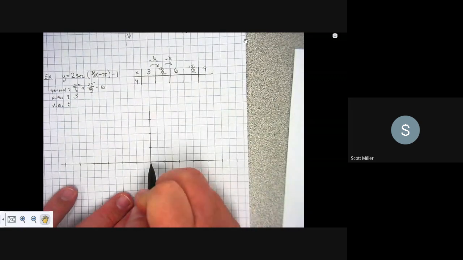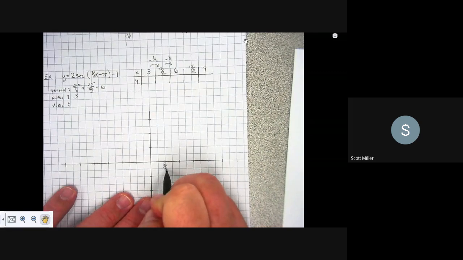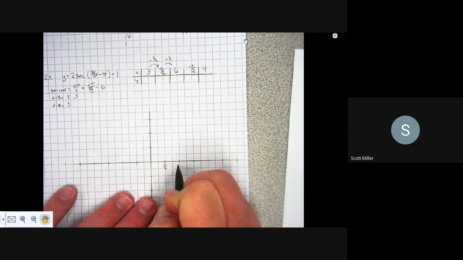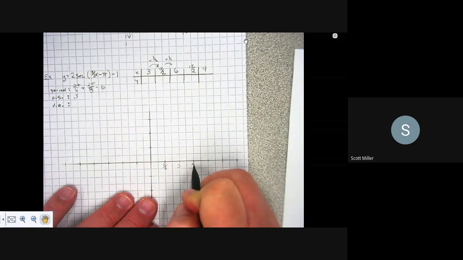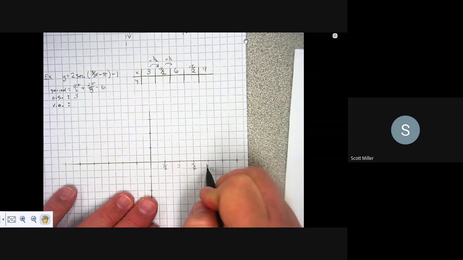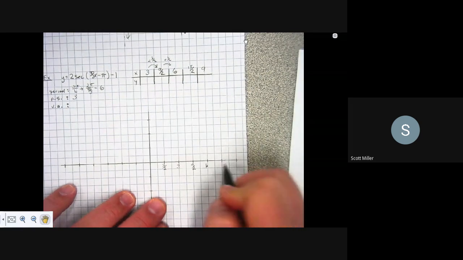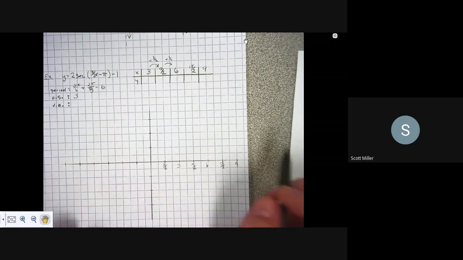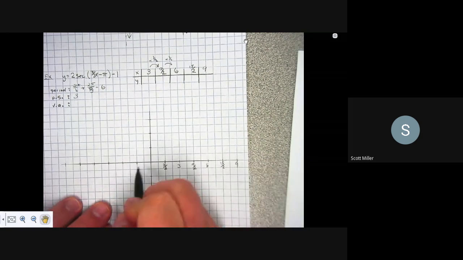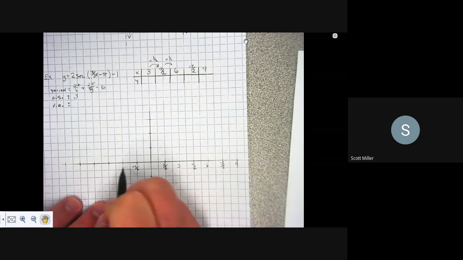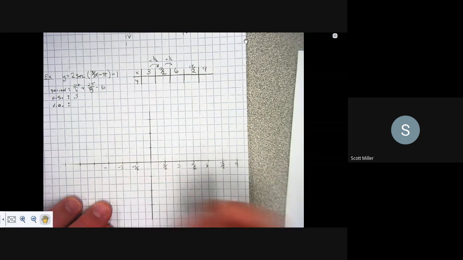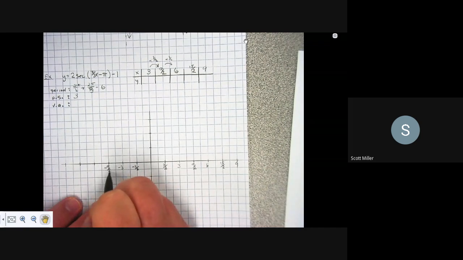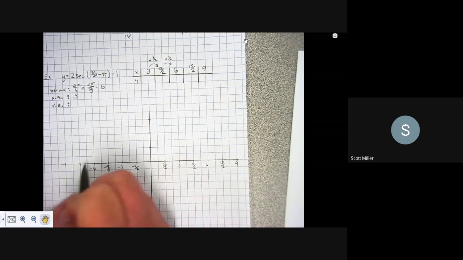So if this is 0, this could be 3 over 2. This would be then 3, 9 over 2, 6, 15 over 2, and then 9. And then we're going to back that up going this way in the negative sense. So this would be negative 3 over 2, negative 3, negative 9 over 2, negative 6, negative 15 over 2, negative 9.